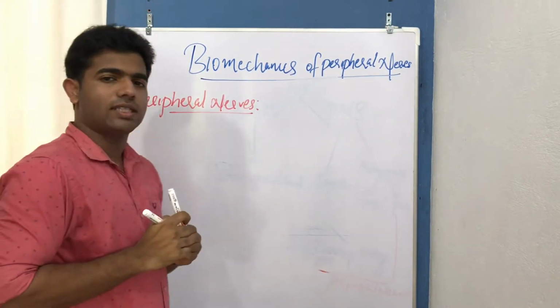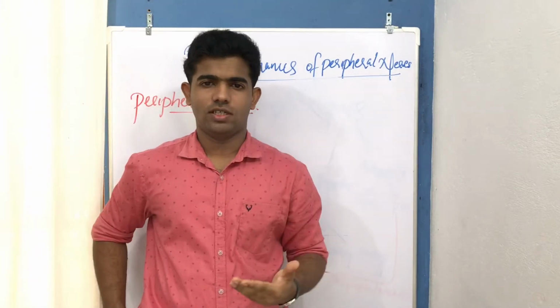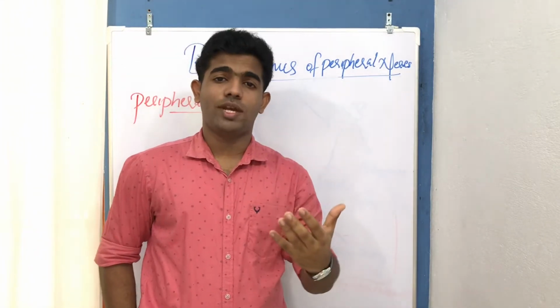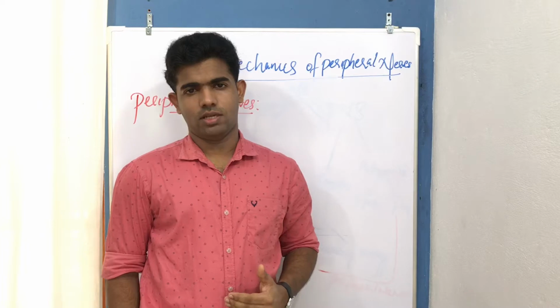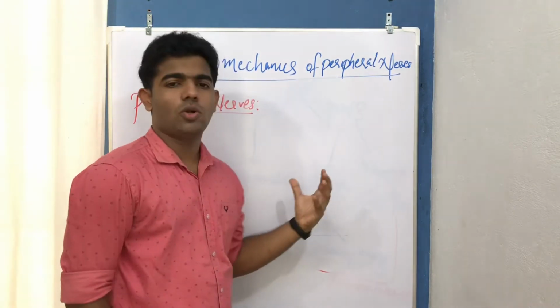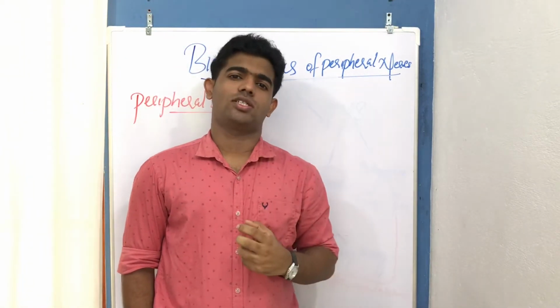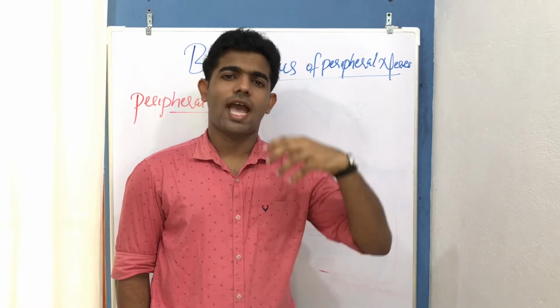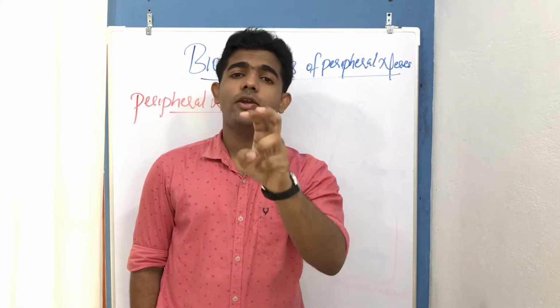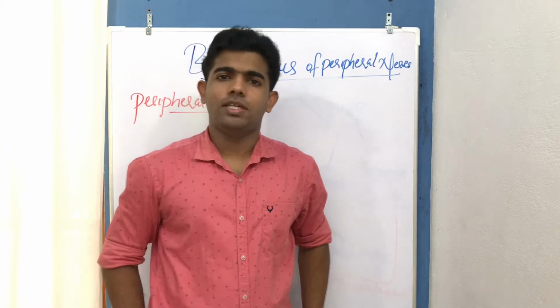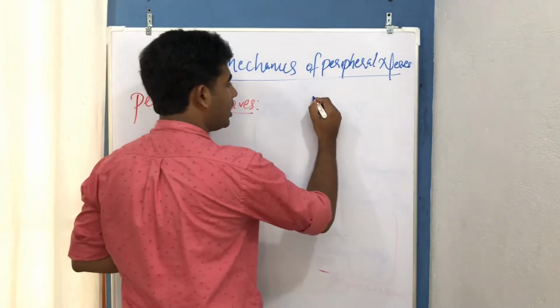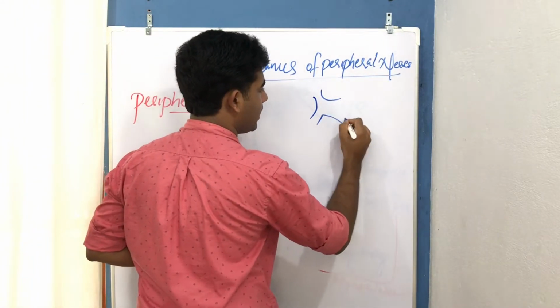Peripheral nerves are the continuation of the neurons that are situated in your central nervous system, or these are axons of nerves which have the cell body inside your brain or spinal cord. That means you know about the general structure of the nerve in this manner, okay?